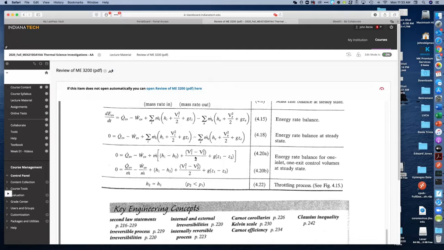Our kinetic energy change again between 1 and 2, the inlet and the exit, as well as our potential energy change between our inlet and our exit, 1 and 2.